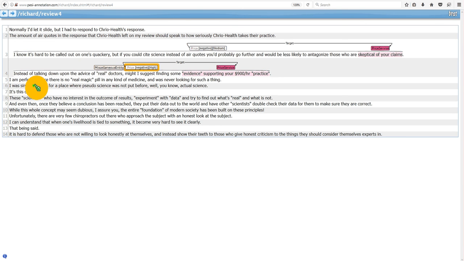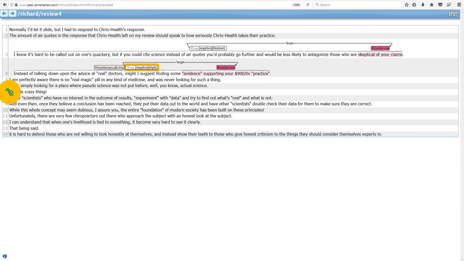I was simply looking for a place where pseudoscience was not put before, well, actual science. It's a crazy thing, scientists who have no interest in the outcome, only the result, the experiments, the data, and then try to find out what's real and what's not.